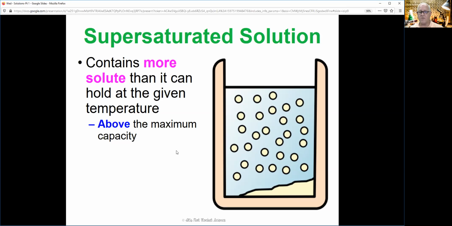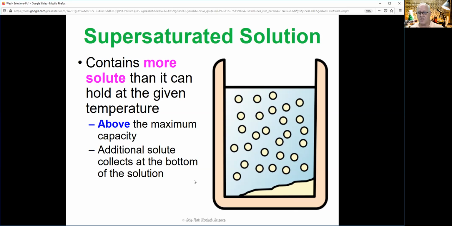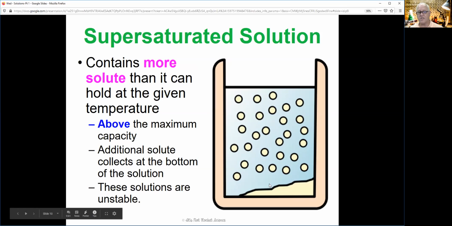And so it's above the maximum capacity, but additional solute collects at the bottom of the solution until we raise the temperature. These solutions are considered unstable. And they're unstable because there's still solute that has not dissolved. So supersaturated solutions are unstable.